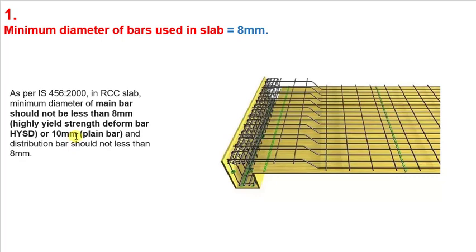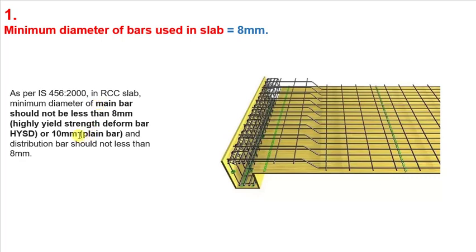a plain bar, then you will say it will be 10 mm. Or they can ask you in another sense that according to IS 456, what is the minimum diameter of the bar? Then you can say that according to IS 456, for main bars, if the main bar is a high yield strength deformed bar, then we consider 8 mm as the minimum diameter of the bar.